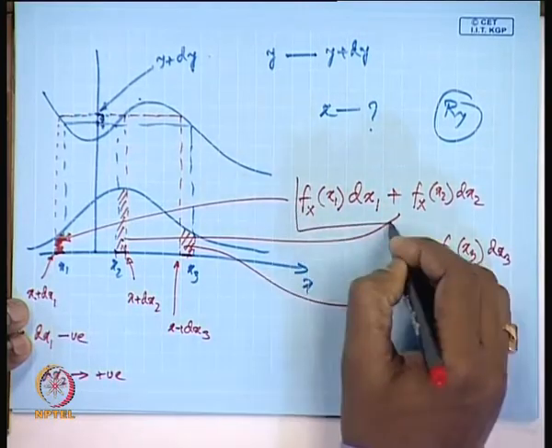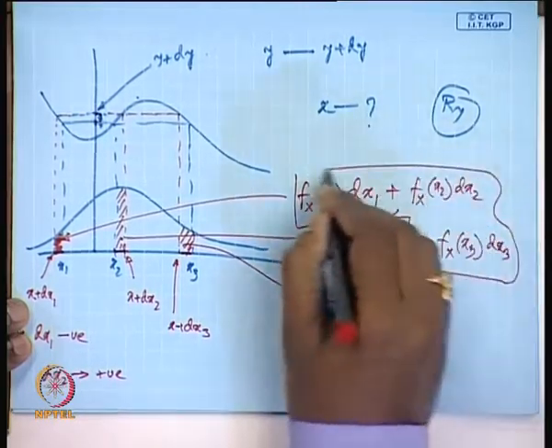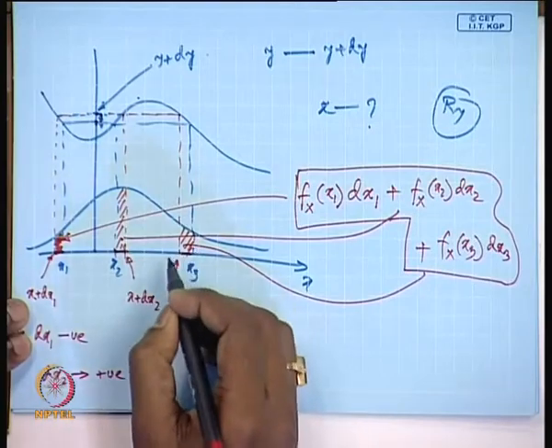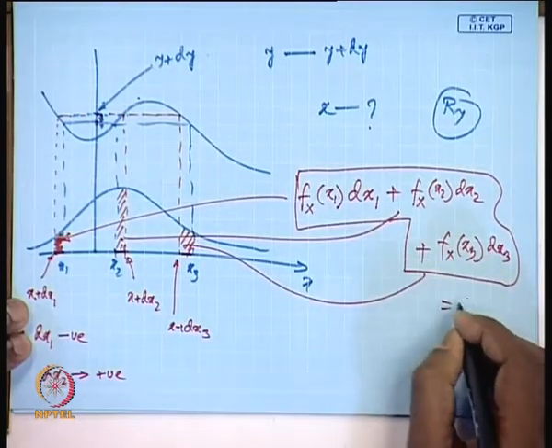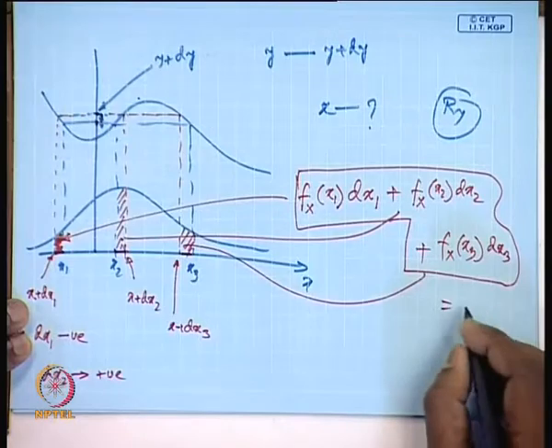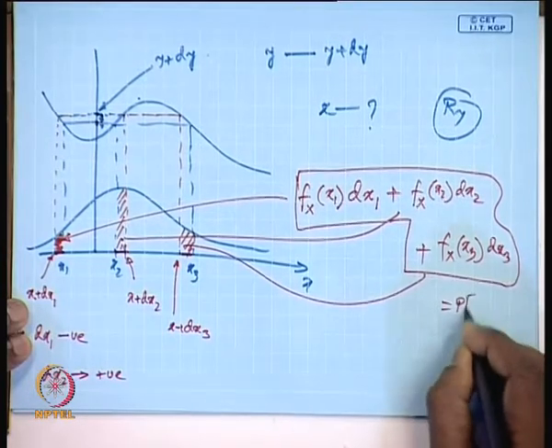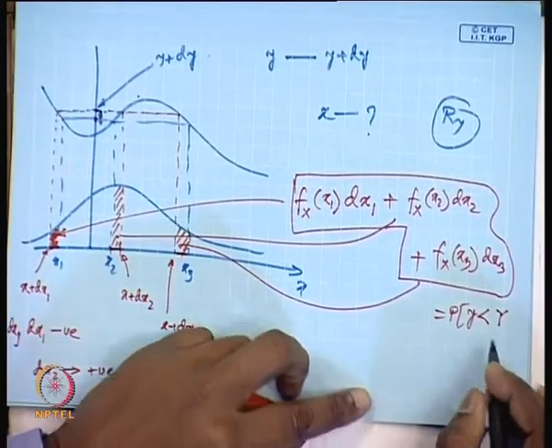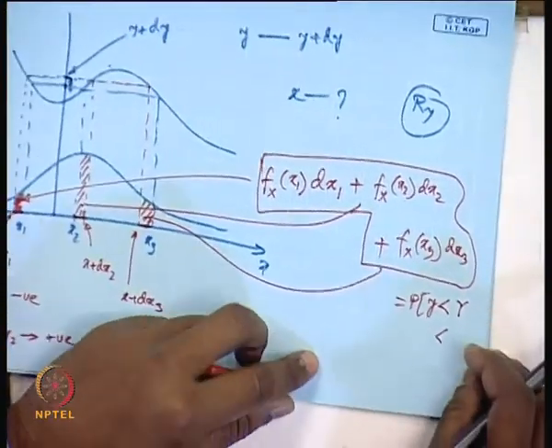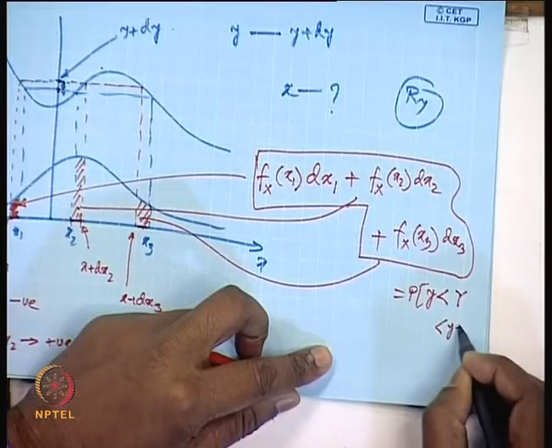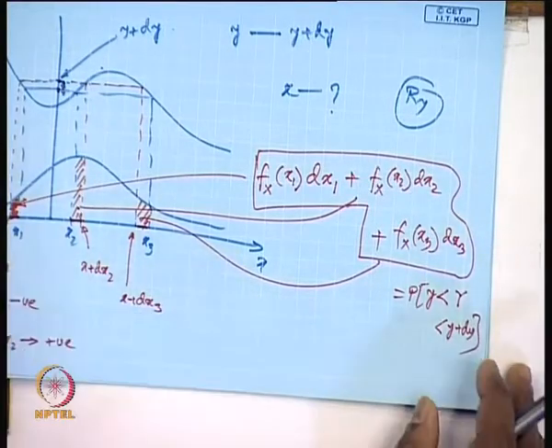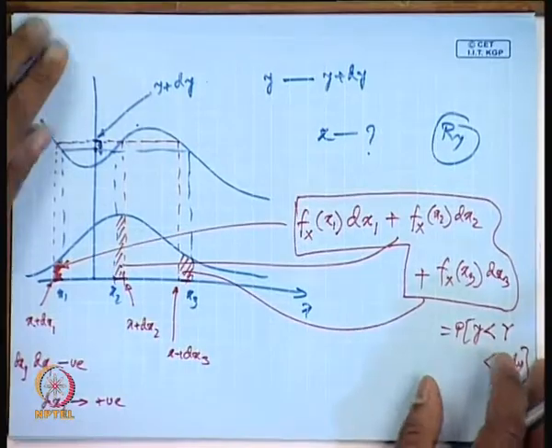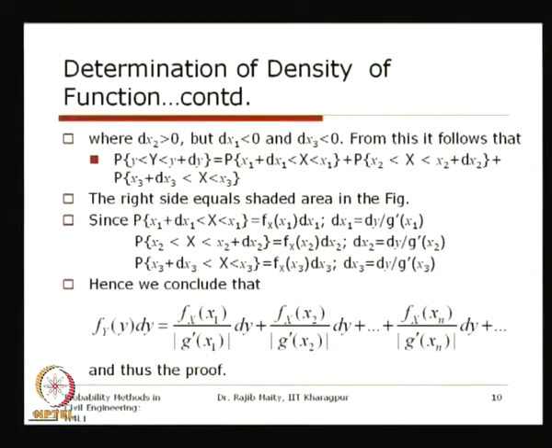So this is the total area, which is the probability. This should be equal to that probability from y to y plus dy, that is y less than Y less than y plus dy. So that is what is explained here. These are the three different areas, and they are shown like this.